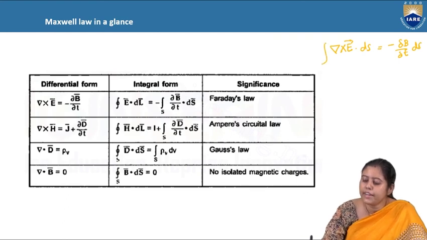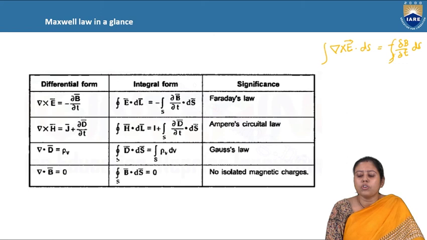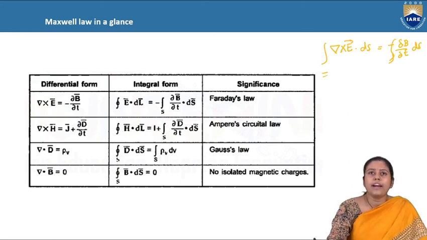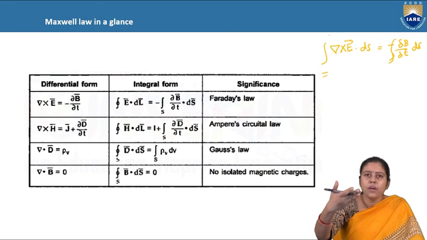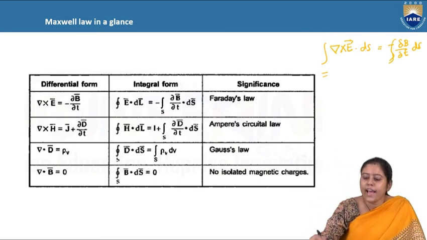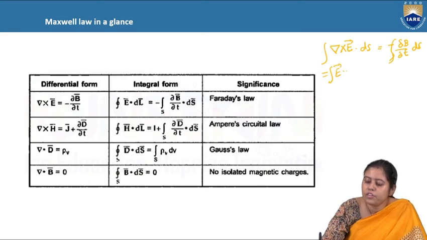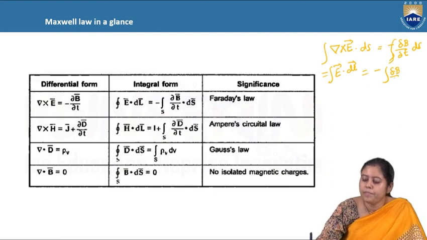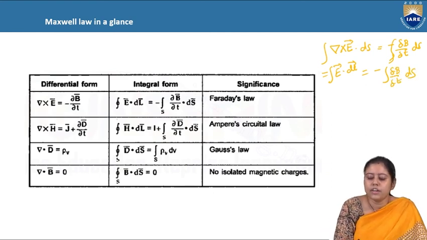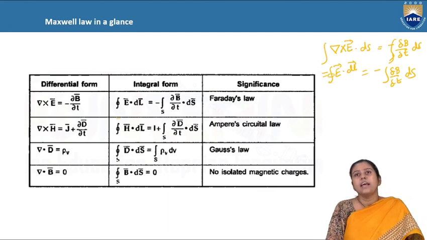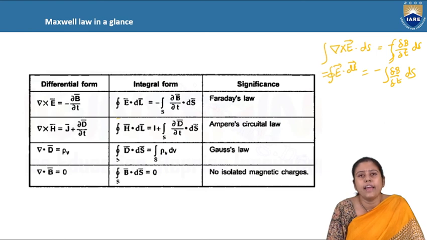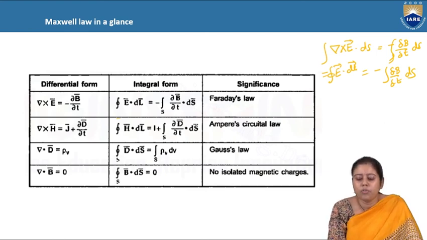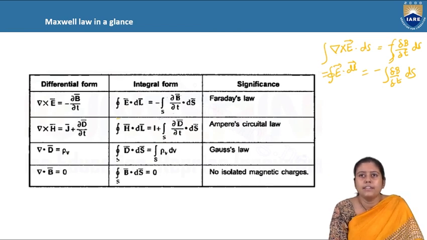Now if we integrate both sides and apply the Stokes theorem to remove the grad, it will go one lower, from surface to line. So it will be E dot dl is equal to minus of del B by del T ds. Why is it a line? Because in Faraday's law, if there is any closed path, current will flow. So the closed integration of E dot dl is equal to minus del B by del T ds. So this is the Faraday's law.